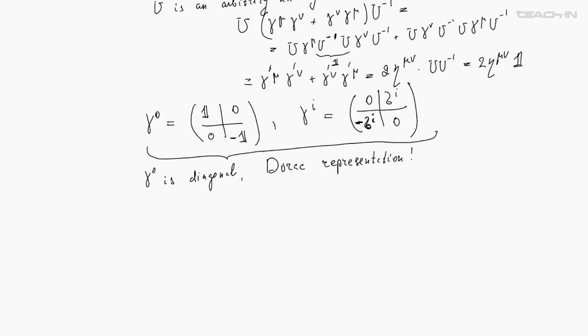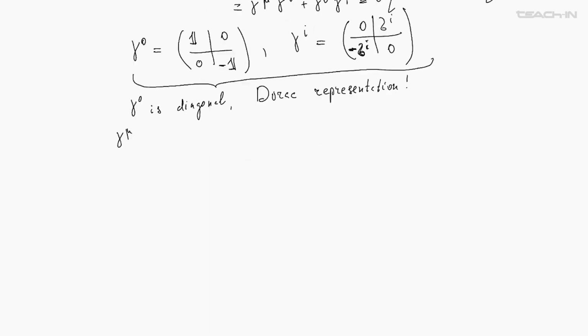From the matrices gamma mu, one can construct 16 linearly independent Hermitian matrices, in the following way.